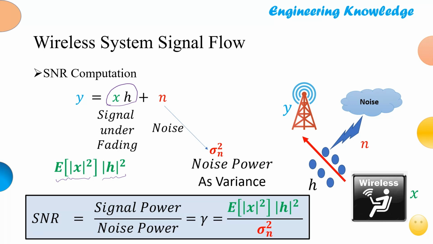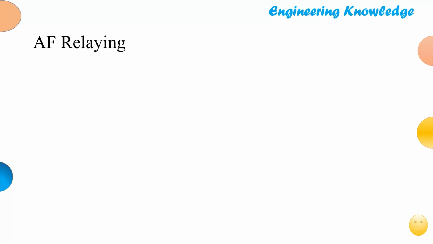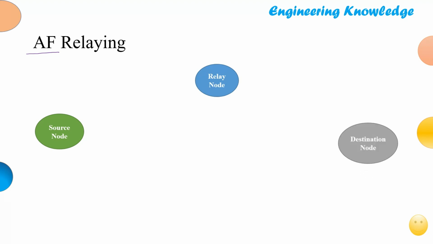Now, since we know this, we can go back and derive the signal to noise ratio for the amplify and forward relay. Let us go there. So we have a source node. It wants to communicate through a relay node to the destination node.